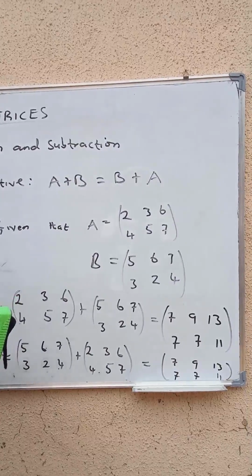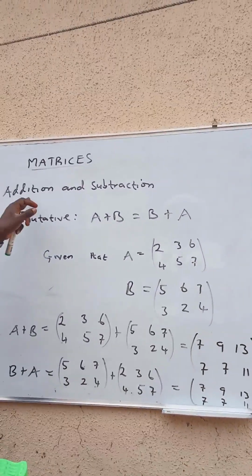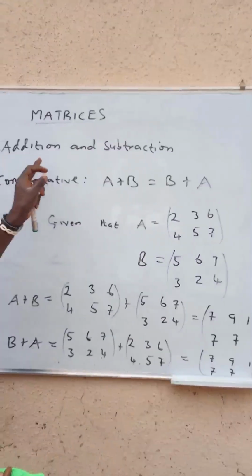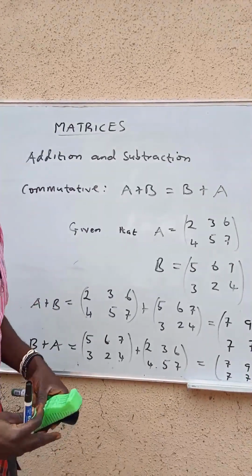So you can see that the addition of matrices is commutative. A plus B is equal to B plus A.